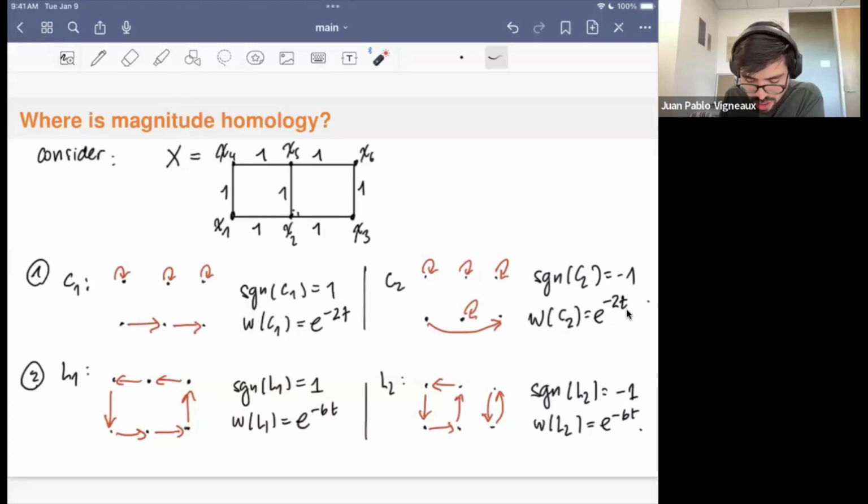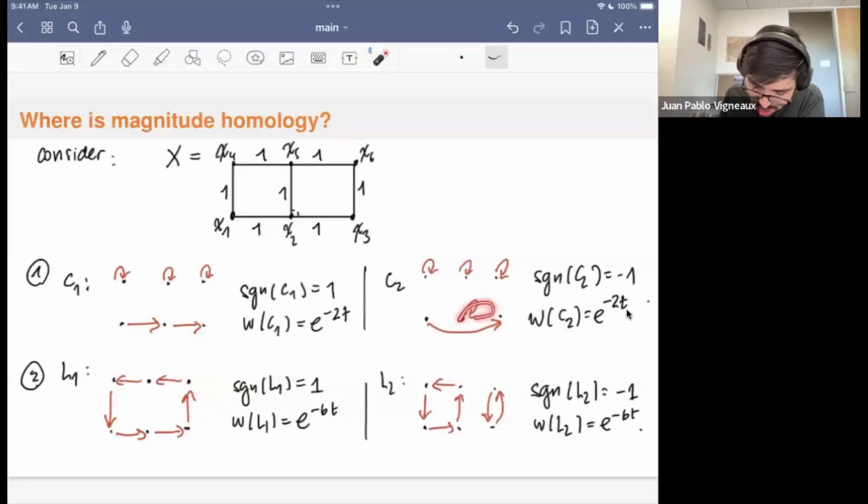And it has weight exponential of minus 2t, because these self loops don't contribute to the weight. All these weights are 1. But here you have a path of length 2, so this is the 2 that appears here. Now, because these 3 points are collinear, when you skip this point, the distance is still 2.